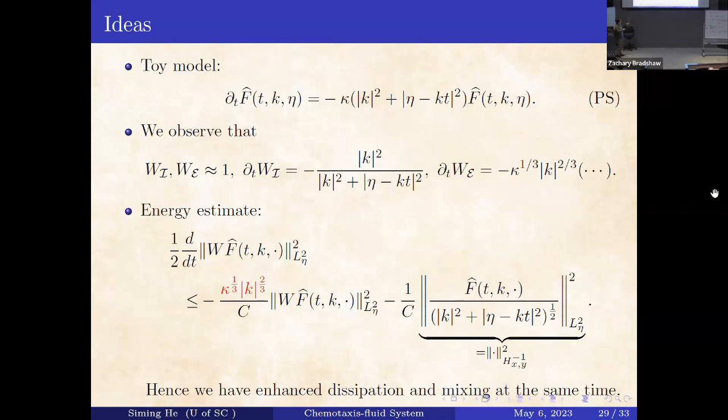Whenever you have mixing, you have enhanced dissipation. In this special case, if you have enhanced dissipation, you automatically get mixing. This is discussed in a series of works by Elgindi, Coti Zelati, Matthew Delgadino, and Gautam Iyer and Feng Yuanyuan. And the other way is done by Michele Coti Zelati.